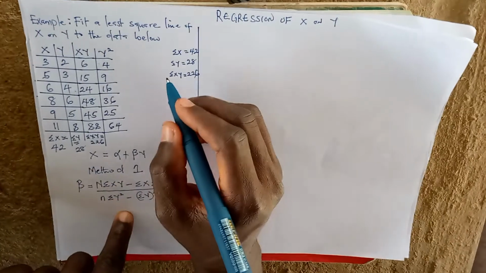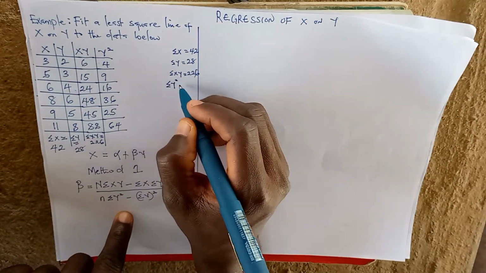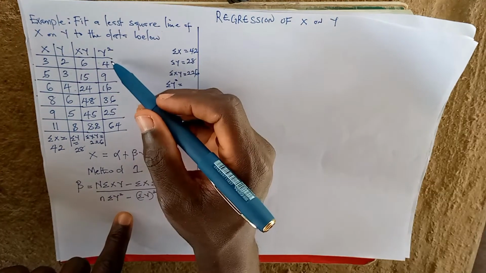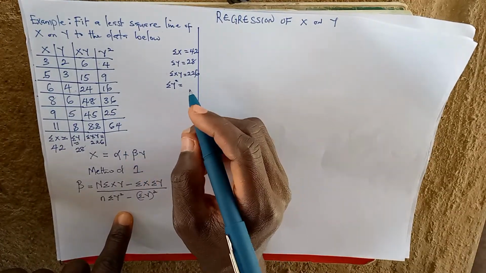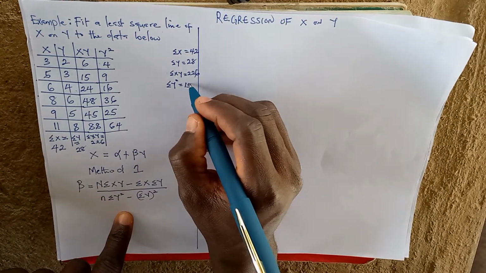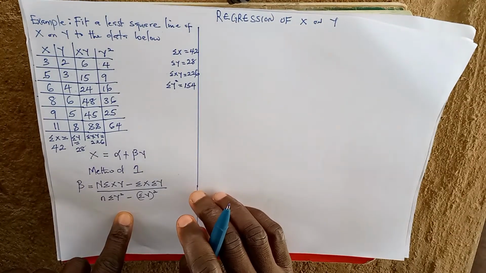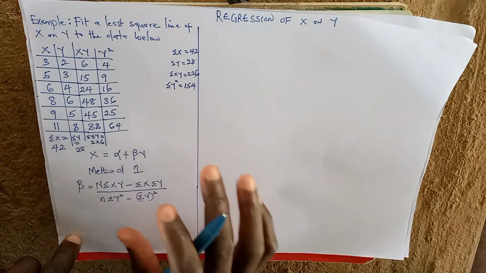If you add all this column together, that is summation y square, and we get 154.